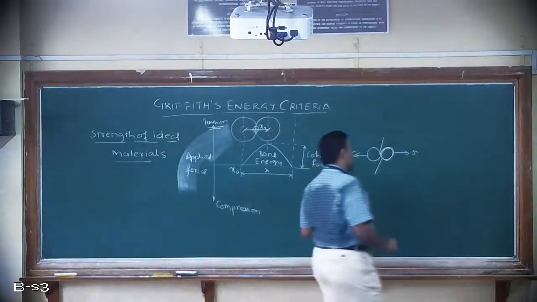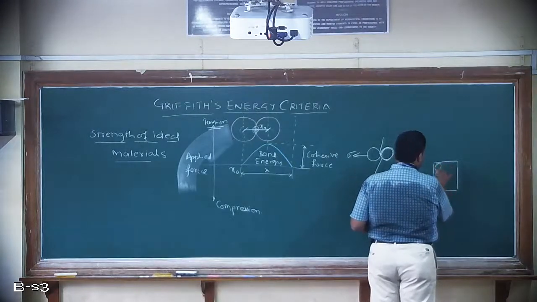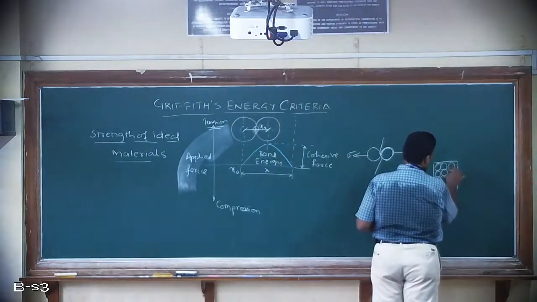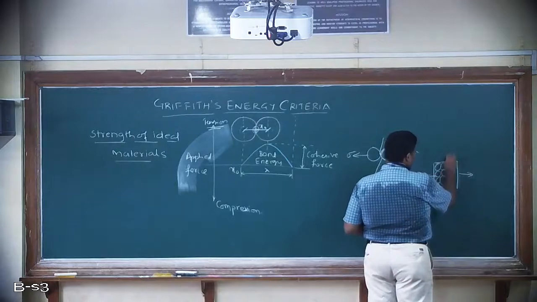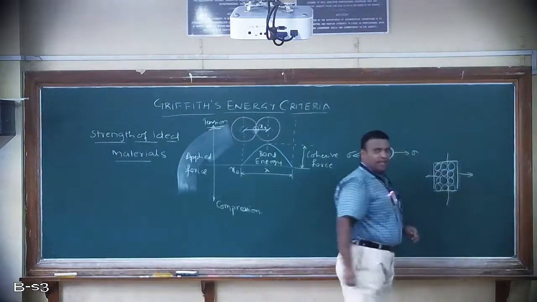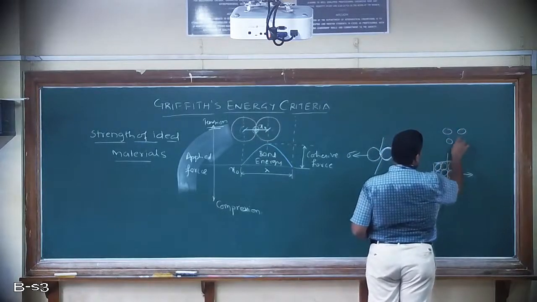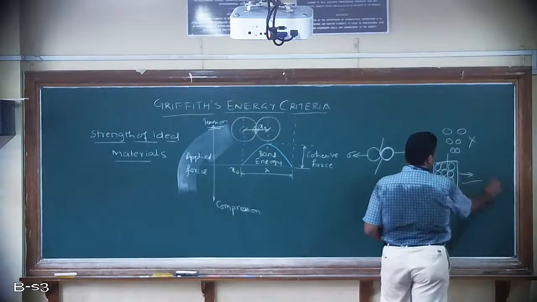Say we have a material comprising numerous atoms joined together. When you apply load, these atoms will separate simultaneously. It is not that there will be a first separation, then a second separation, in that order.